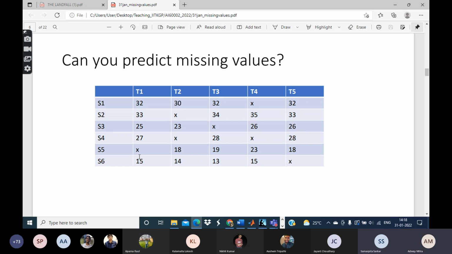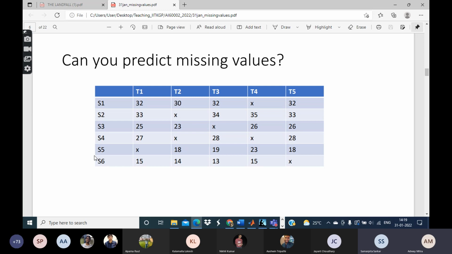Okay. So there are 6 spatial locations. Can you observe anything related to these 6 observations? Can you say anything about these 6 locations?